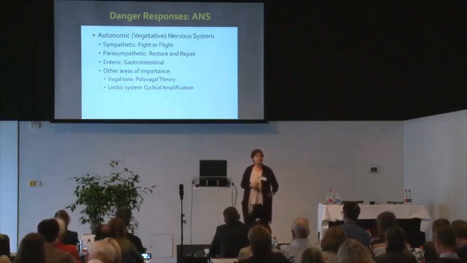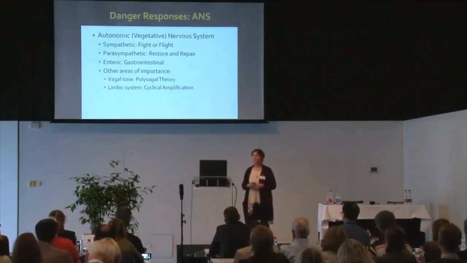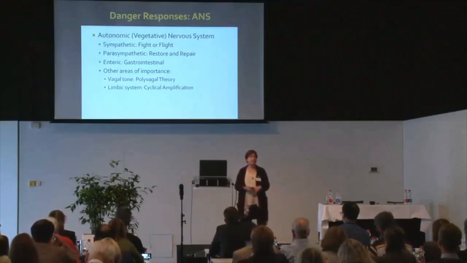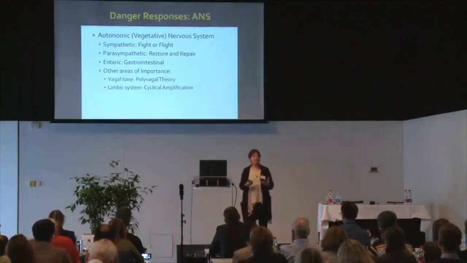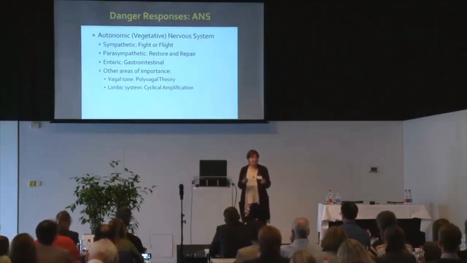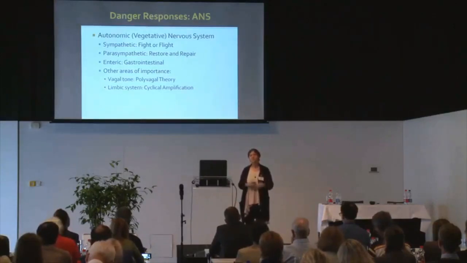Other areas of importance really are vagal tone. Stephen Porges has written a book called The Polyvagal Theory that looks at some of the evolutionary development of the vagal nerve, that initially the vagal nerve caused us to freeze. I don't know if you have an animal like an opossum, that it plays dead when it's under danger. And then we developed more the fight or flight response. And then in humans, we've developed a social response.